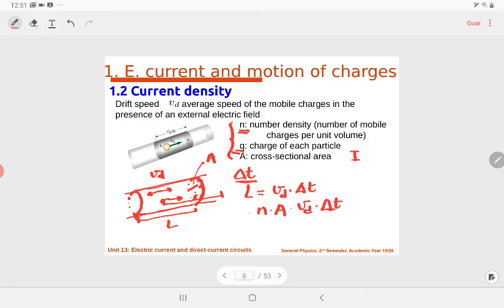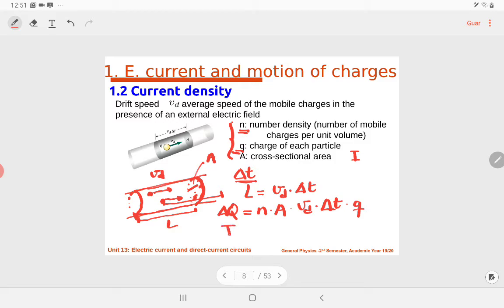This is the total amount of charges that can cross A in delta t. So if we multiply by the charge that each mobile charge is carrying, there we have the total charge that is crossing this area A in that time.